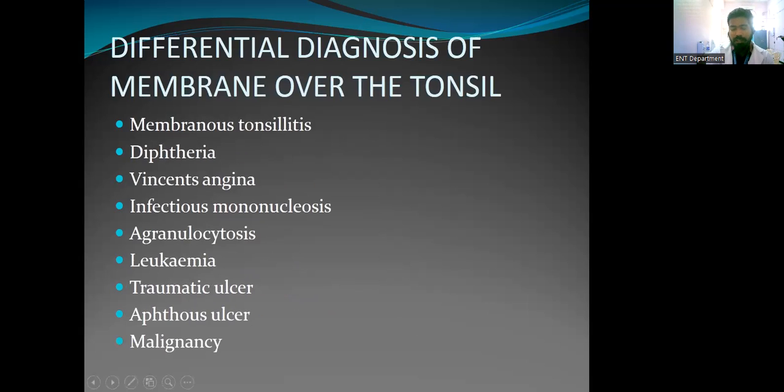So the differential diagnosis. We discussed the membranous tonsils. It looks like a whitish membrane present over the medial surface of the tonsil, and it also covers the pillars. So what are the differential diagnoses of a membrane over the tonsil?